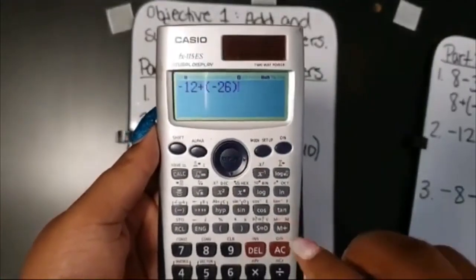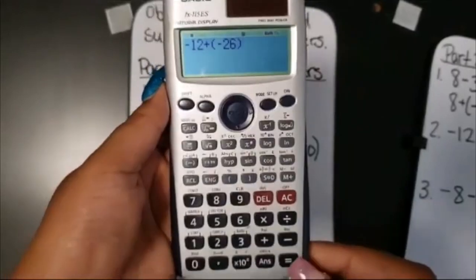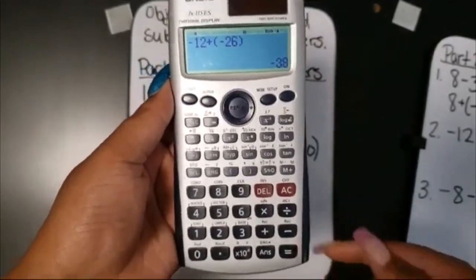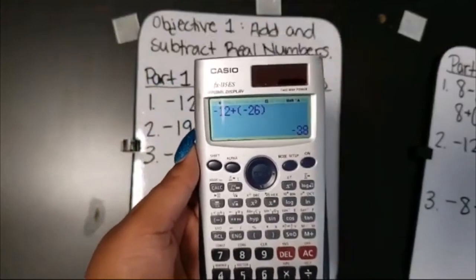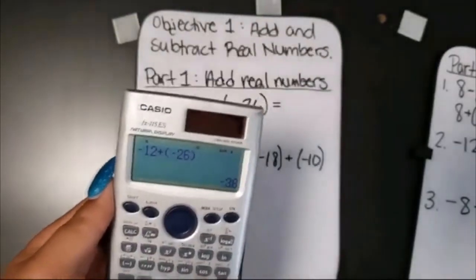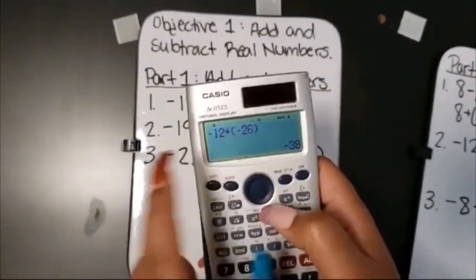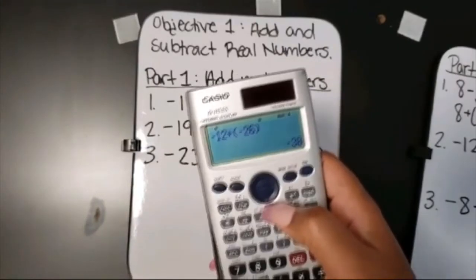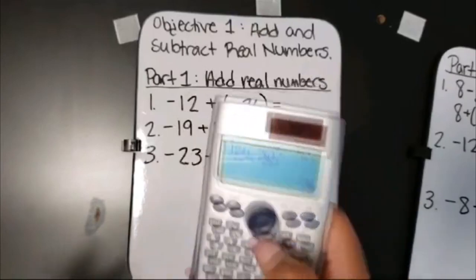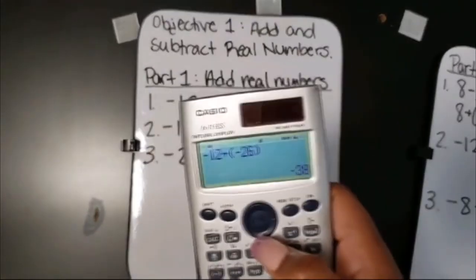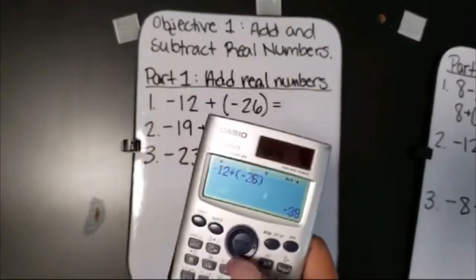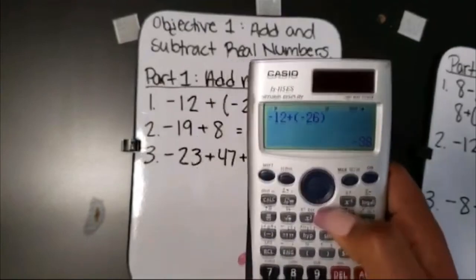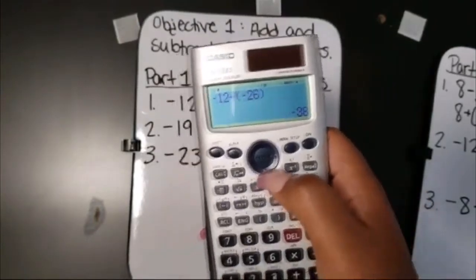So here I can just hit equals and get that my answer is negative 38. So for this first one, when you add a negative number, that is also another way to subtract. So we will talk about that a little bit more when we get into subtracting real numbers.